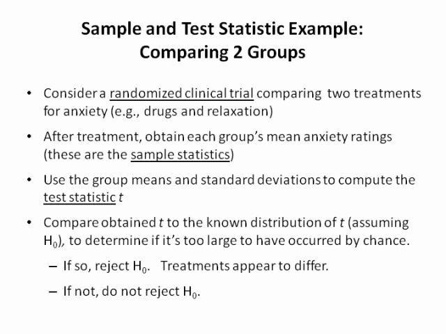After treatment, we're going to obtain each group's mean anxiety rating. So we ask those two groups, after they've taken, for example, the drug or used the relaxation techniques for an extended period of time, to come into the lab and complete a self-report questionnaire of their anxiety rating. Then we're going to take the mean of those ratings.